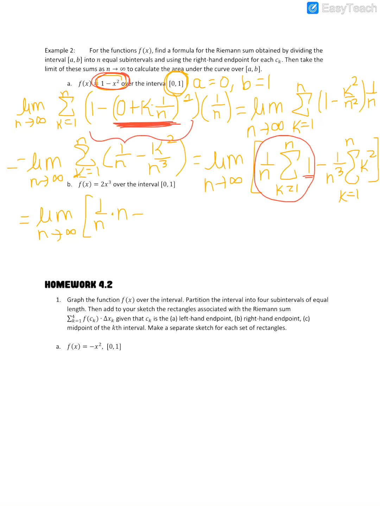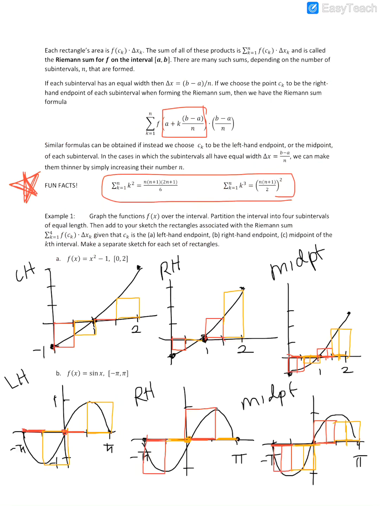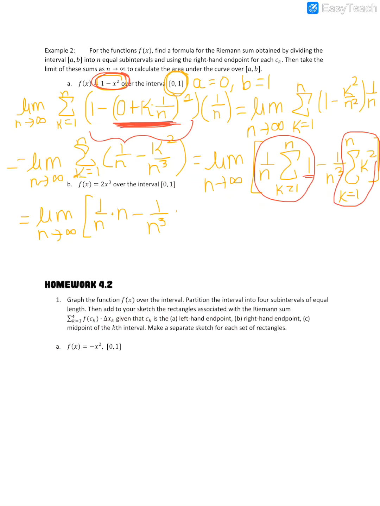Okay, for the second part, keep your 1 over n cubed out in front. This part right here, if you recall from the beginning, middle of the lesson today, I made you guys put a star and circle those fun facts. This is one of those fun facts. We have a formula for this right here. Okay, so we're going to plug in that formula.